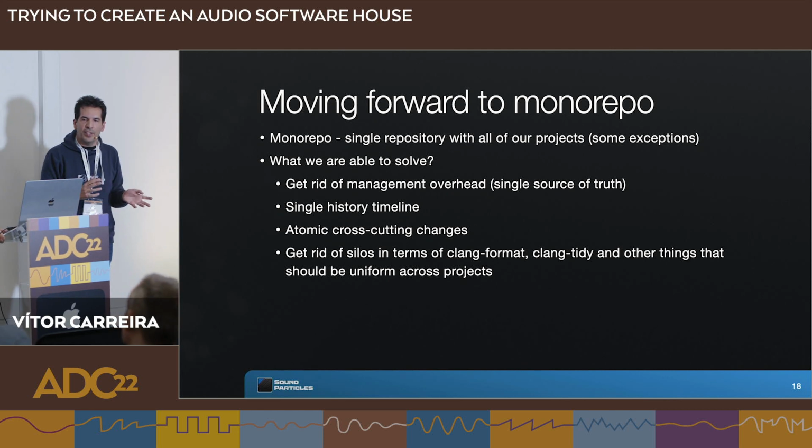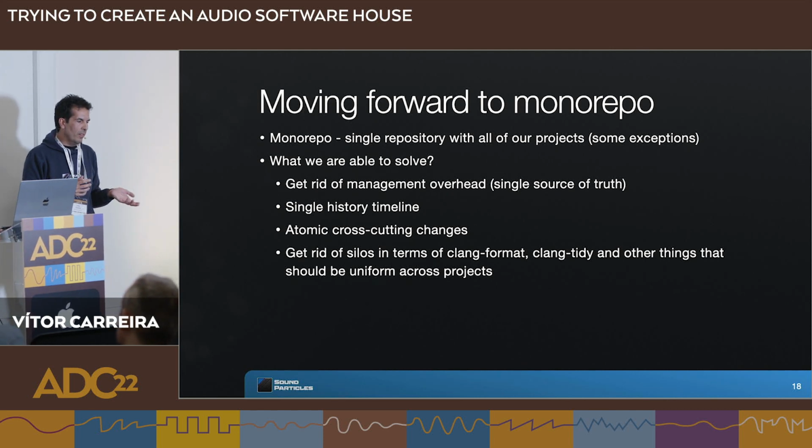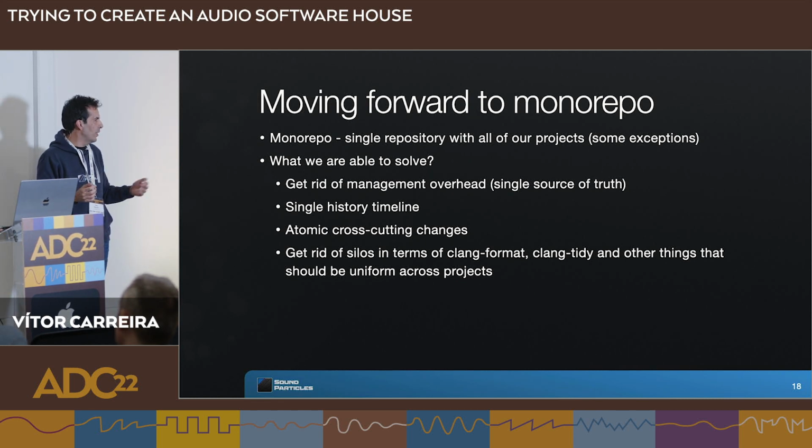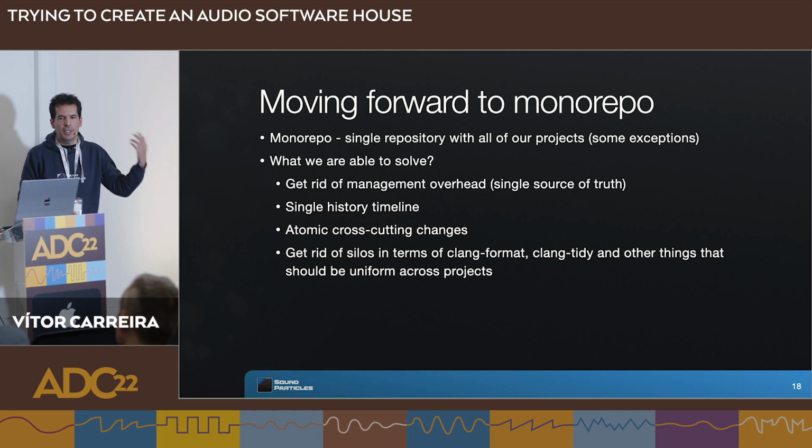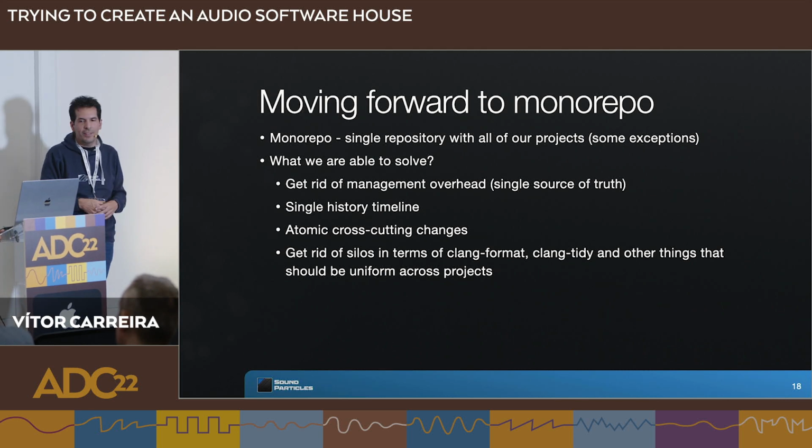We get rid of silos. That's something that nobody talks about, but with multi-repos, you want a standardized way of formatting your code, a unique lang format, a unique lang type, and other things that should be common across all projects. Now we have only one repo. It's very easy to do that.